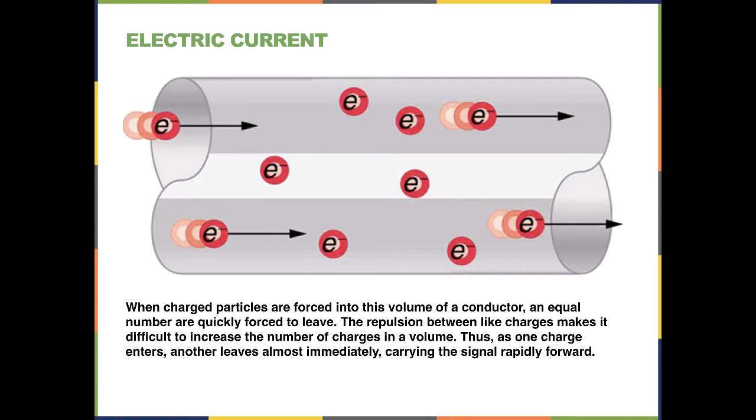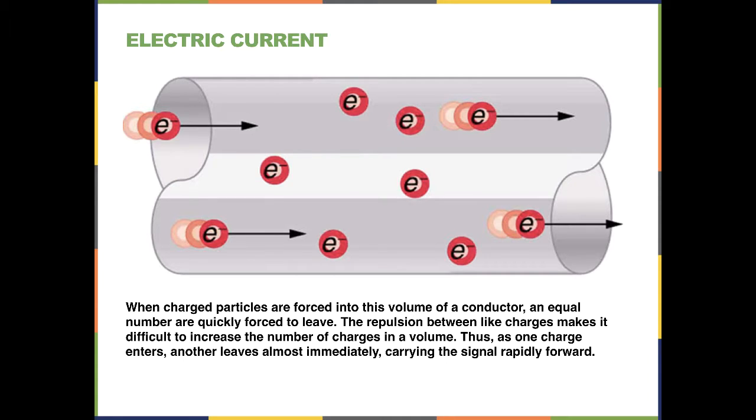This shows that when the charged particles are forced to move into a particular portion of the conductor, an equal number have to move out. If you look at the left, you'll see that the electron is moving into the section of the conductor that we're looking at here.